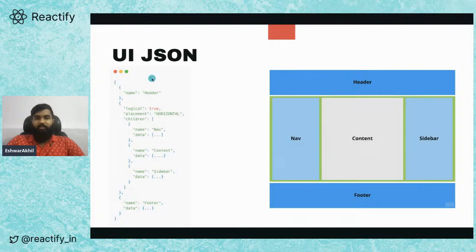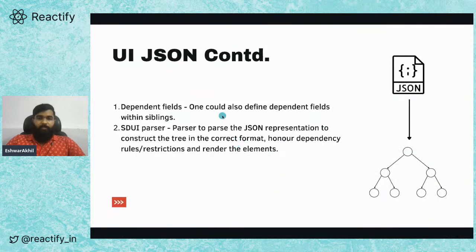So if you have a JSON like this, you can render all of this in the DOM, right? There can be some dependencies also. When there is a tree DOM like this, as represented here, let's say at the same level there are siblings, and there is a dependency of one node on another. Even these can be driven with the meta information that can be passed in the JSON.